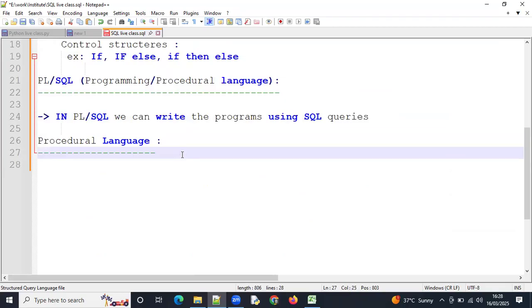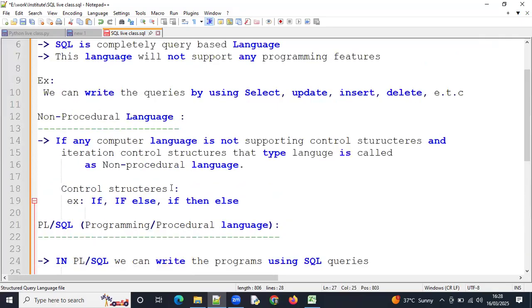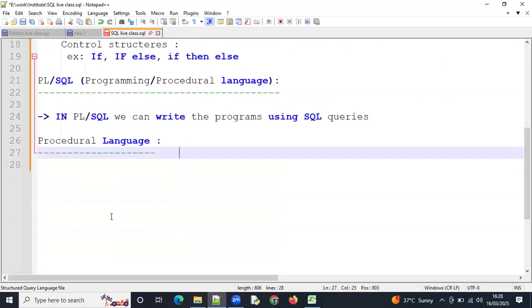If any computer language supports control structures and iteration control structures, that type of language is called a procedural language. If it does not support control structures, then it comes under non-procedural. If it supports control structures, then it comes under procedural language.